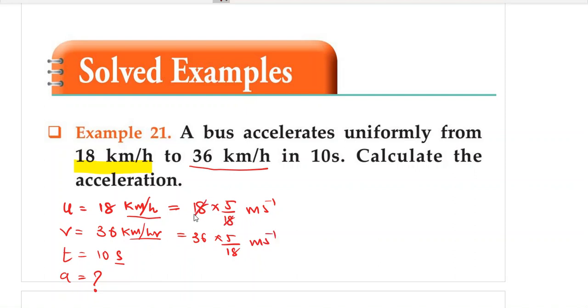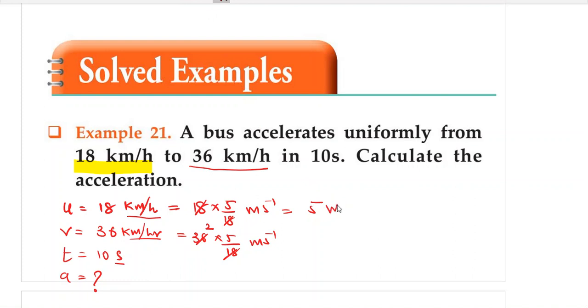So here 18 will cancel. 18 twos are 36. So this will become 5 meter per second. You remember, right? For converting from kilometer per hour to meter per second, we have to multiply any speed by 5 by 18.